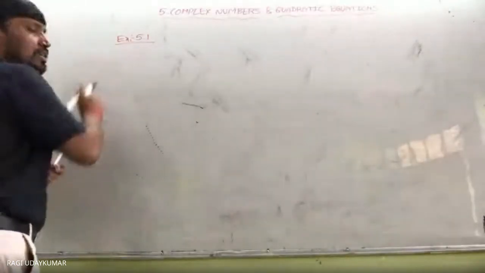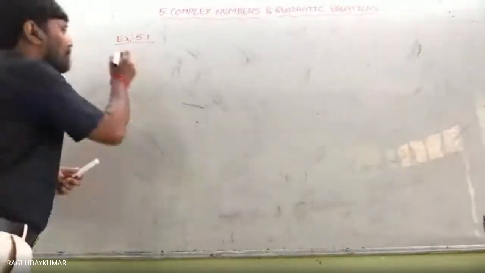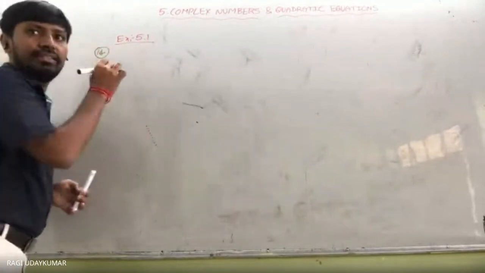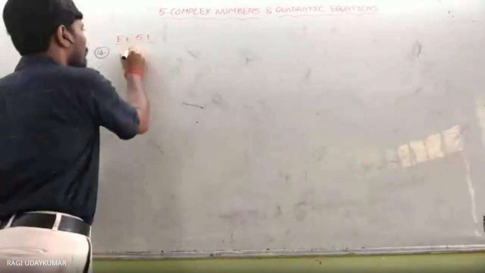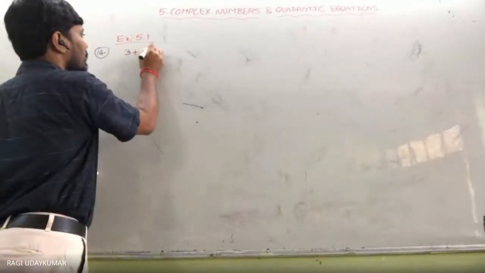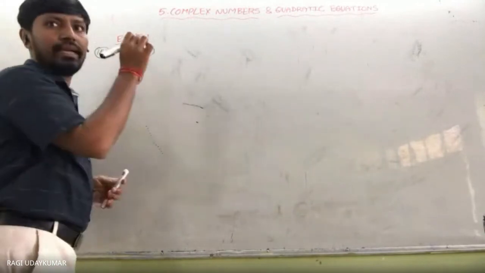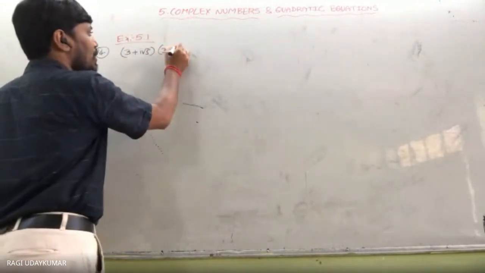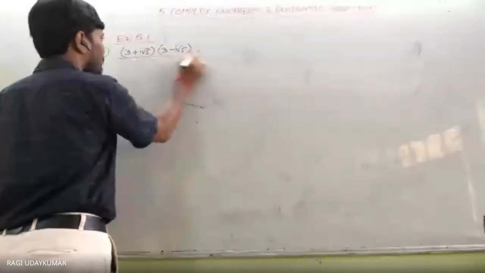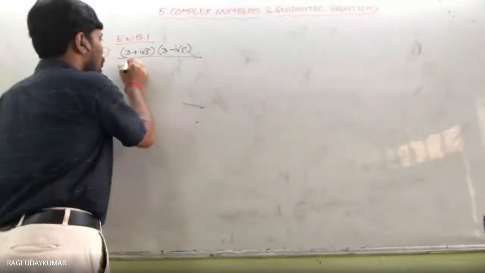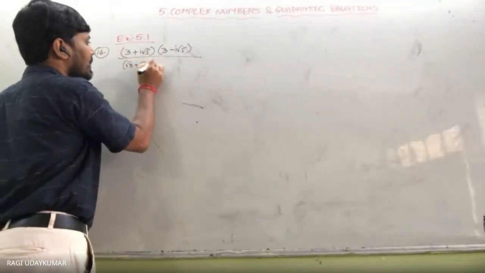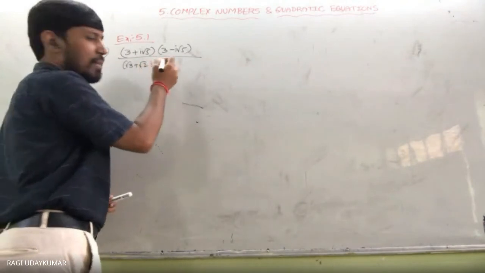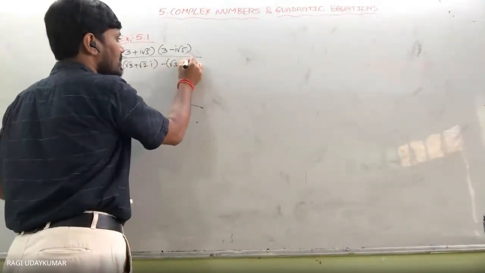Last time. So the question is given to you. The problem is lengthy. 3 plus i root 5 into 3 minus i root 5, divided by root 3 plus root 2i minus root 3 minus i root 2.